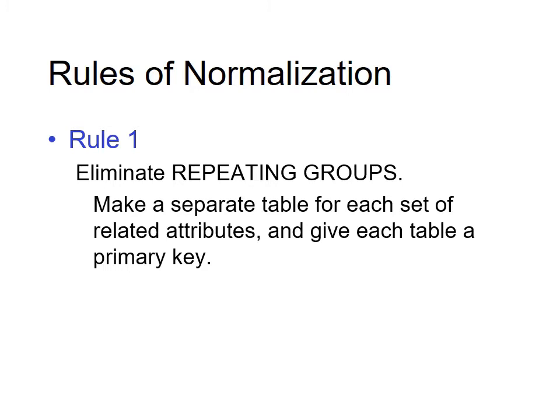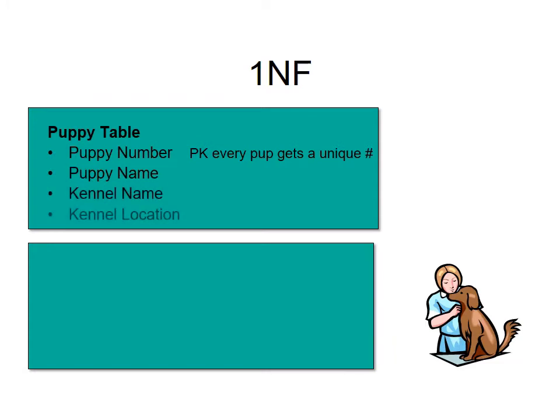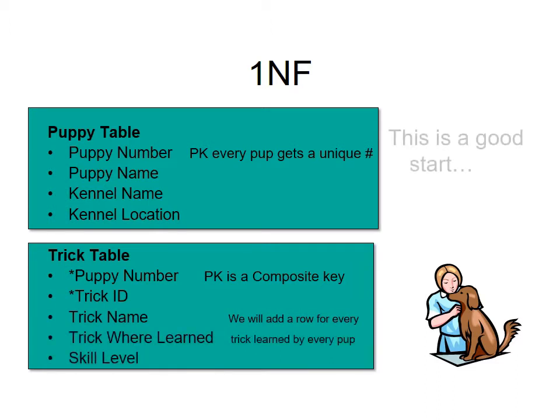Once you identify repeating groups, you can actually extract those attributes from that particular entity and then put it into its own separate entity, assigning it a primary key.